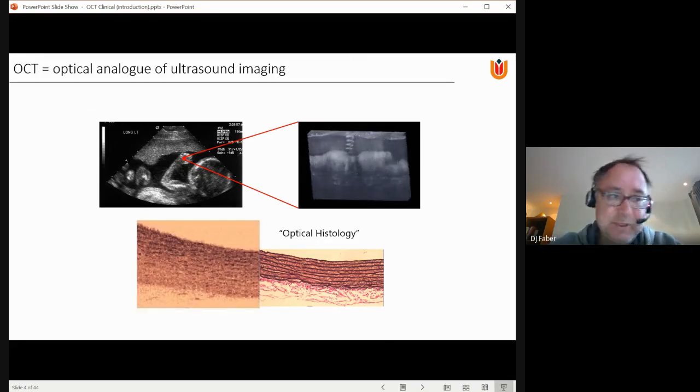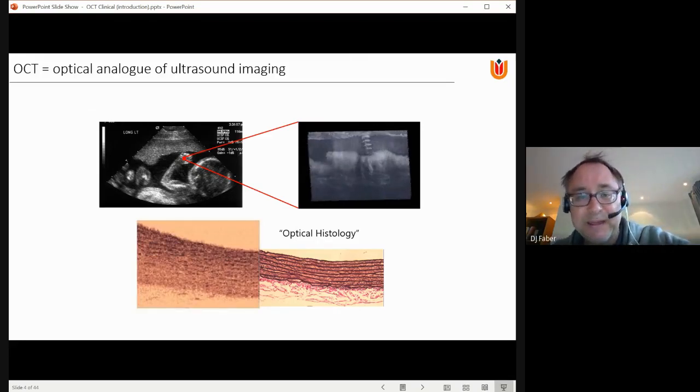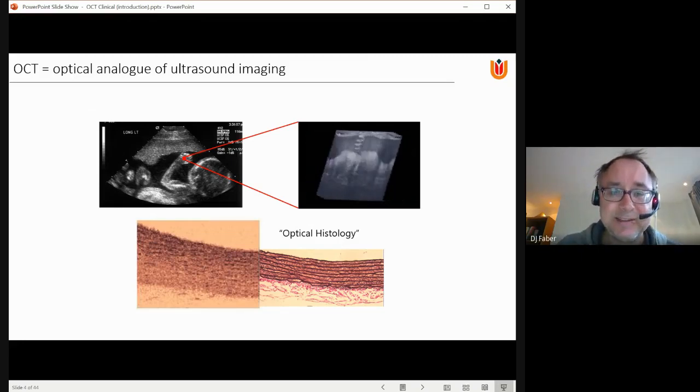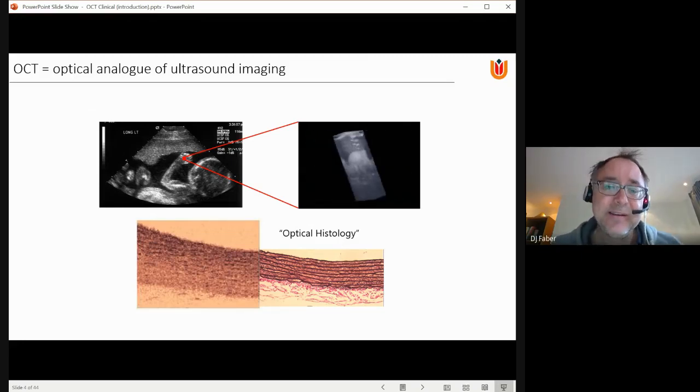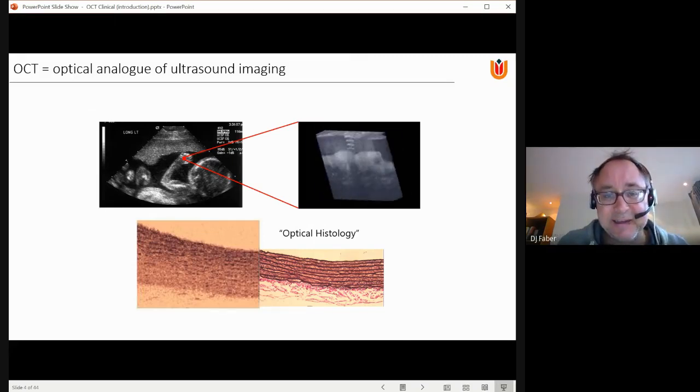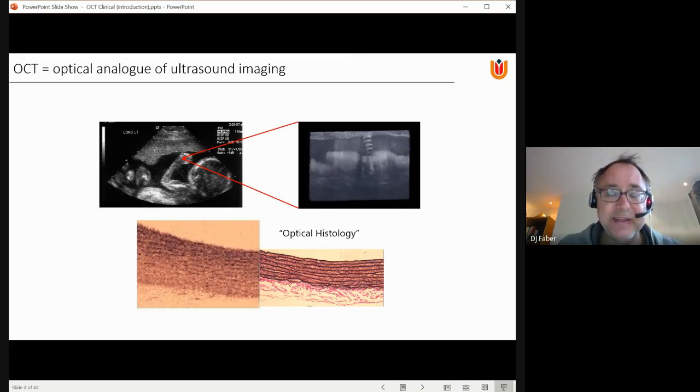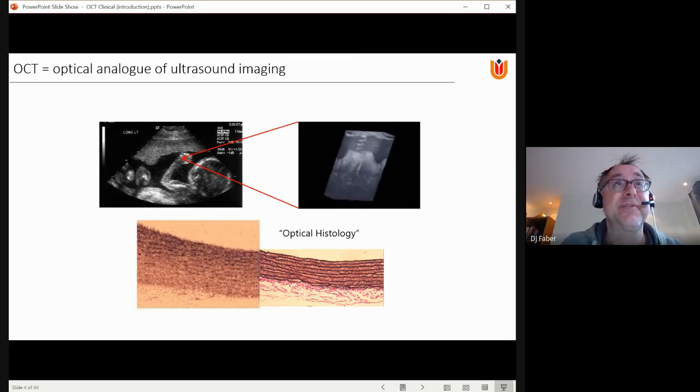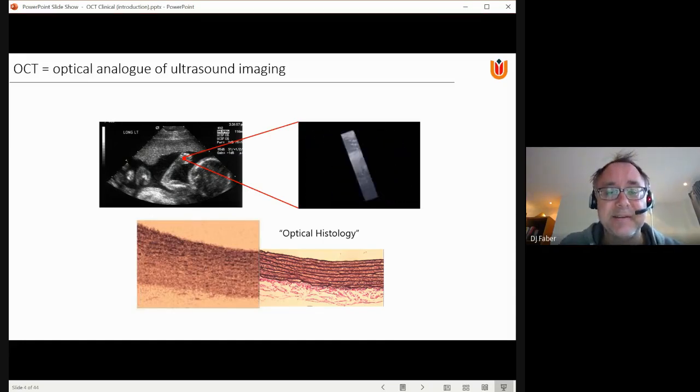And sometimes people, if they get really bold, will try to sell OCT as some kind of optical histology. Kind of proof of that is the color image on the bottom. On the left-hand side, you see an OCT image of an arterial wall, in a blood vessel of a rat, ex vivo, so it's taken out.